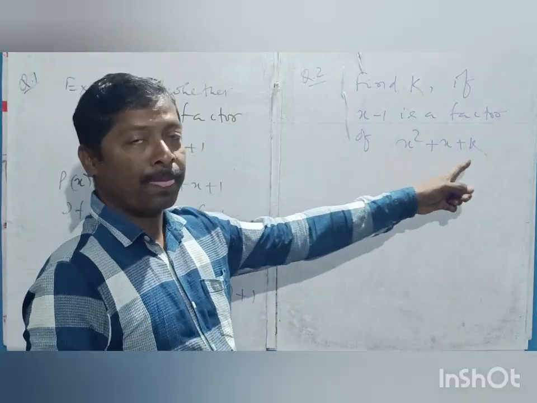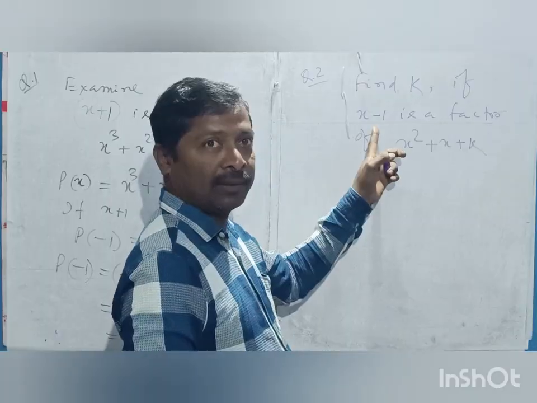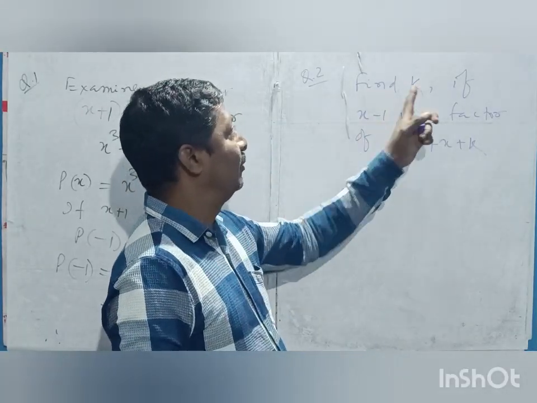This is a polynomial, and x minus 1 is a factor of it. So find the value of k.